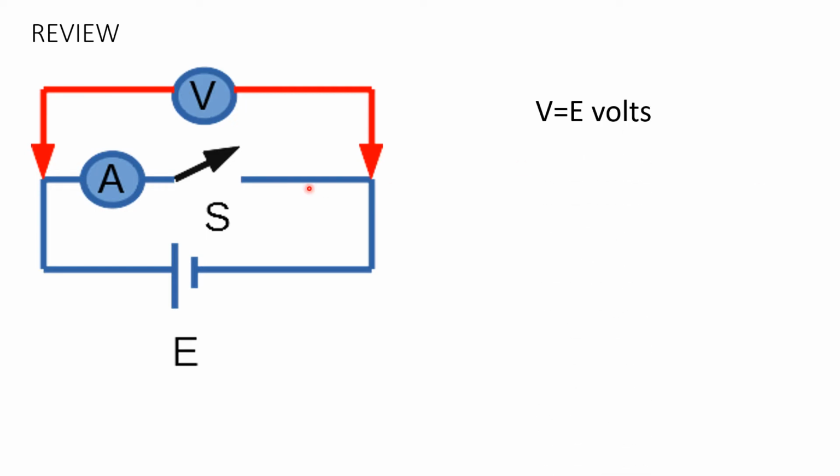And since there is no closed loop formed, the current recorded by the ammeter is 0 amperes. Thus, the entire voltage is blocked by the switch and the switch records a voltage of E volts, which is a high voltage, and the current is 0 amperes, which is a very low current.